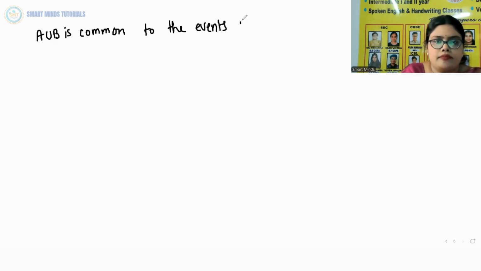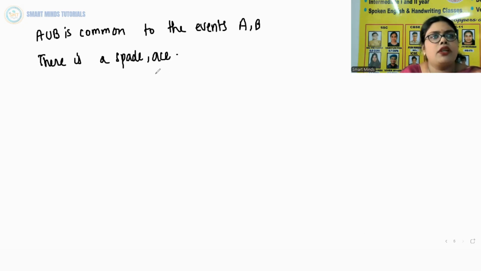Now you see, A intersection B is common to both the events, A and B. So where do you get a combination of spade and ace? There is only one spade ace. In the spade design, you will have only one ace. So N of A intersection B is equal to 1C1.